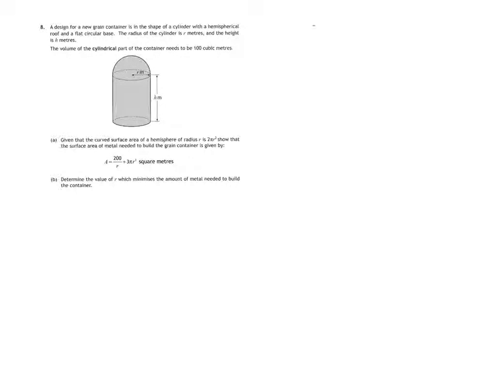So the bottom, we've got the circle, which has got a radius of r. And we know that the area of a circle equals pi r squared. Okay, and then if we think about the cylinder, when we take the metal needed, it's going to be a rectangle. And we've got the height, and then we also need the length.